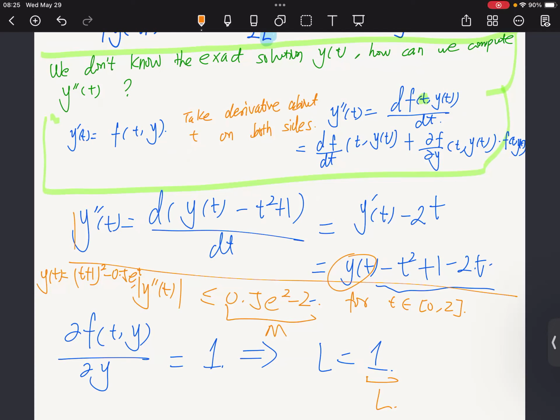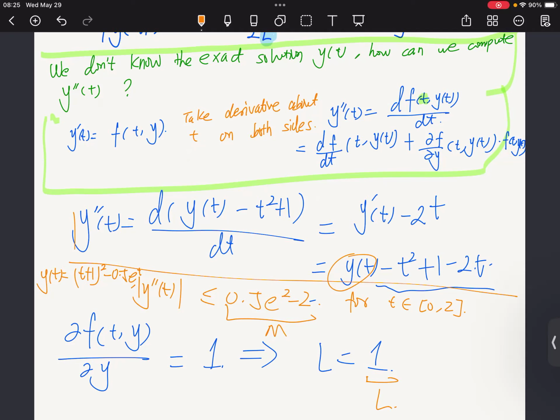the f function is a function of t, and it's also a function of y(t). This is a multi-variable function. You have the t variable and the y variable, but the y variable is also depending on the variable t.